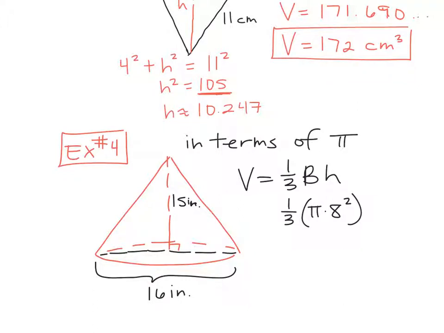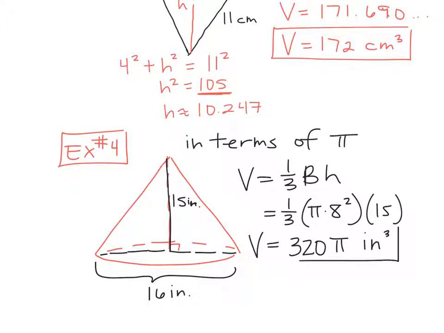That one's 15. That one's given to you this time. So you're going to plug in 1/3 times 64, or times 8 squared, times 15, and you get 320. So your volume is 320, and then you're going to attach the pi. How do I label it? Inches cubed. Volume's always cubed. Okay. Questions on that?